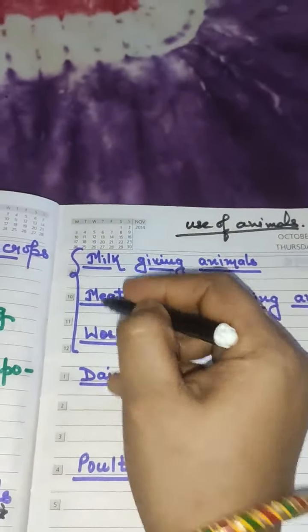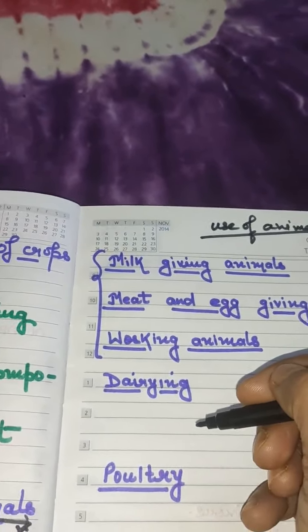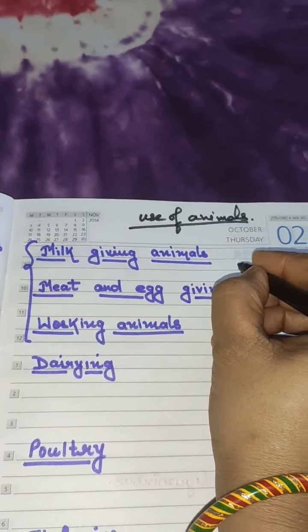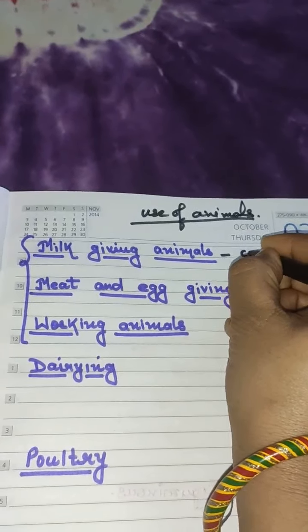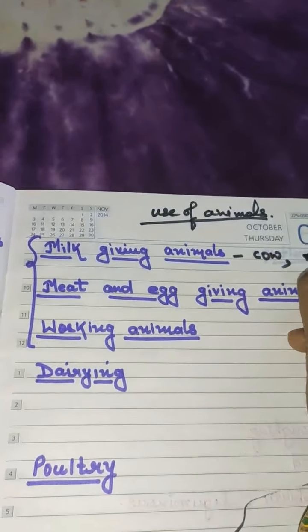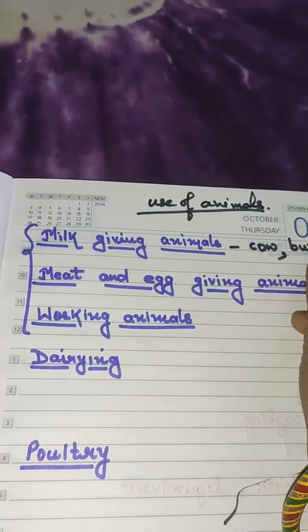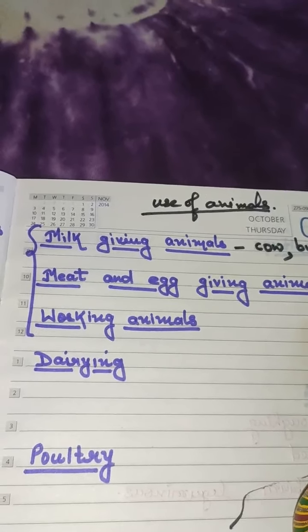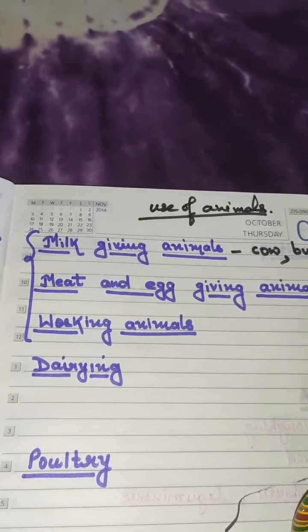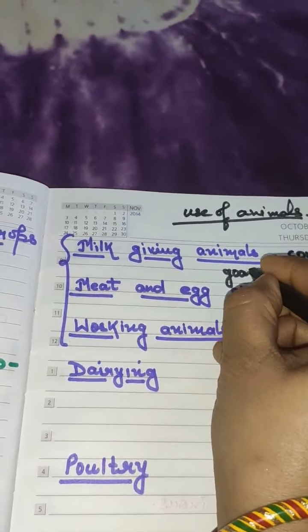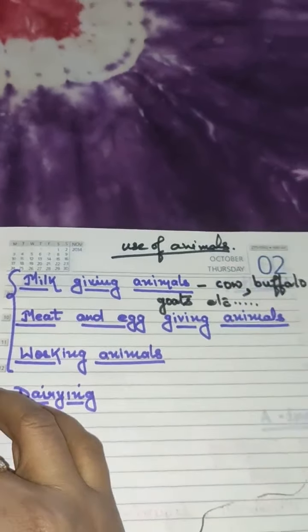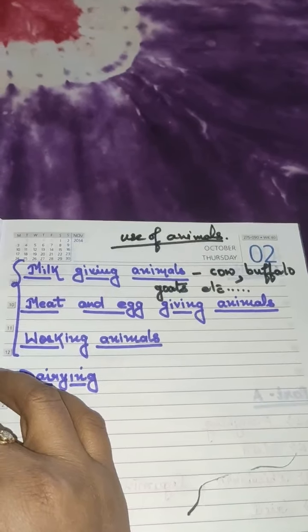The first one I have written here: milk giving animals. What are the common animals which give us milk? Cow, we all know, and buffaloes. Mostly we get milk from cow and buffalo, and in some areas of India and other countries, goat and camel milk is also used for health benefits.